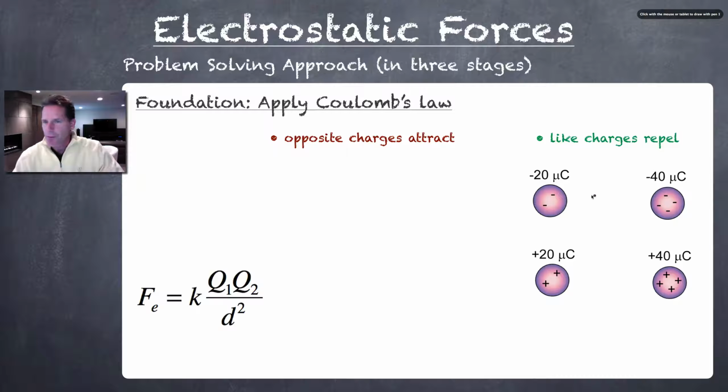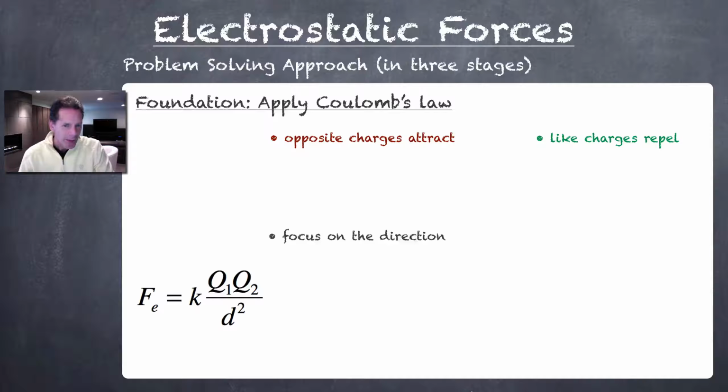So here we have, for example, a negative 20 microcoulomb charge and a negative 40 microcoulomb charge. These charges will produce an equal and opposite repulsive force between the 2 of them. Similarly, between the 2 positive charges down here, also an equal and opposite repulsive force between the 2. So that will help you determine the direction of the electrostatic force that may be involved in the problems.